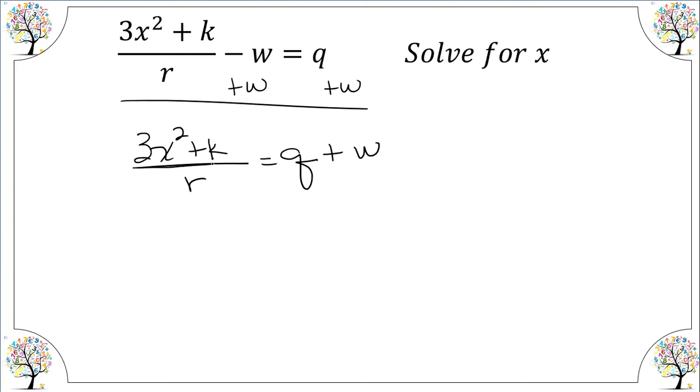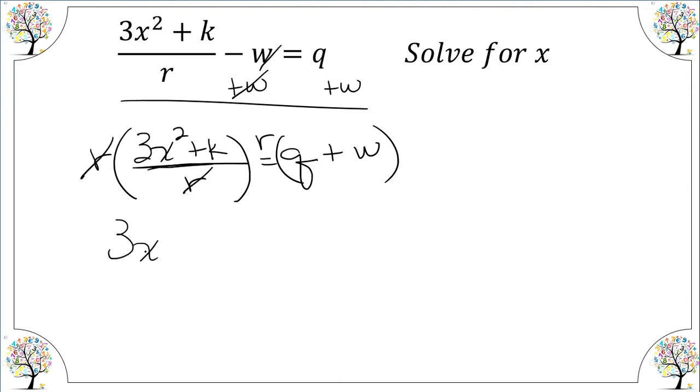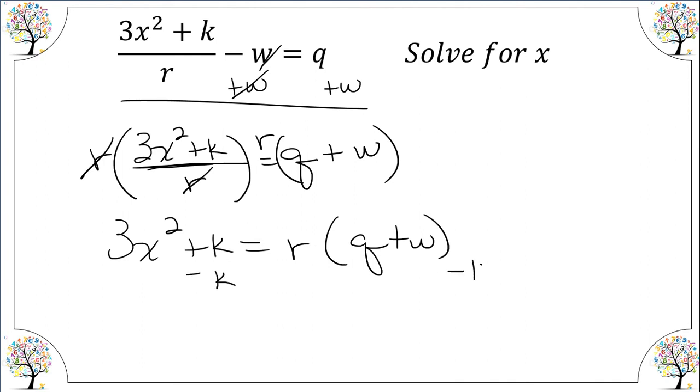We are going to undo division. Now this time we do need parentheses on both sides here. I'm going to put my r out front. That cancels. We have 3x squared plus k is equal to r times q plus w. Do not distribute the r. Now we need to undo the plus k, so the minus k comes all the way at the end.